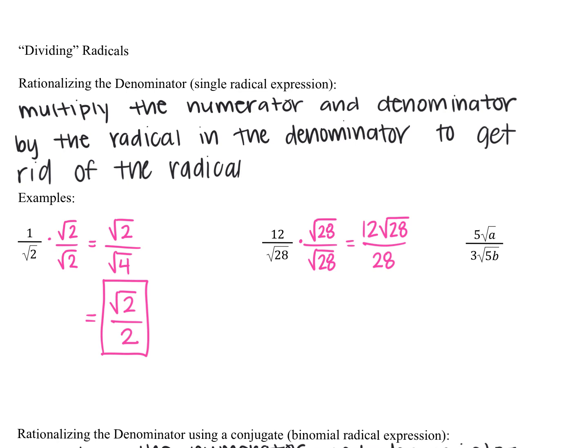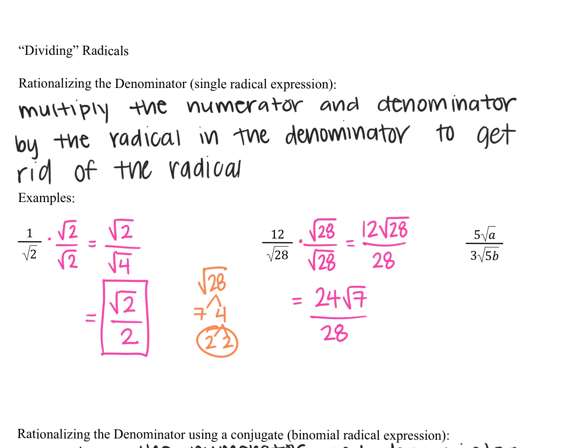Okay. So at this point, I need to check to see if my radical simplifies at all. So I need to simplify the square root of 28, which I'm going to break down as 7 times 4. And 4 breaks down as 2 times 2. So I do have a pair of 2's. So this is going to become 24 square root 7 all over 28.